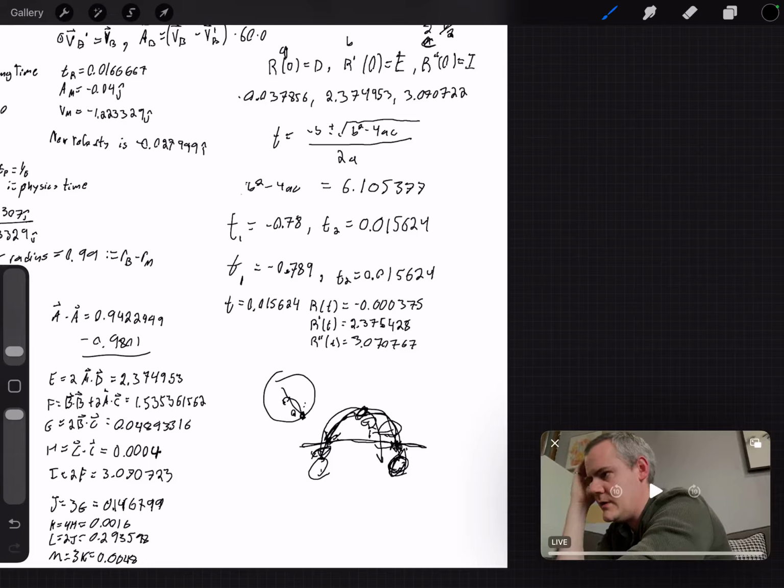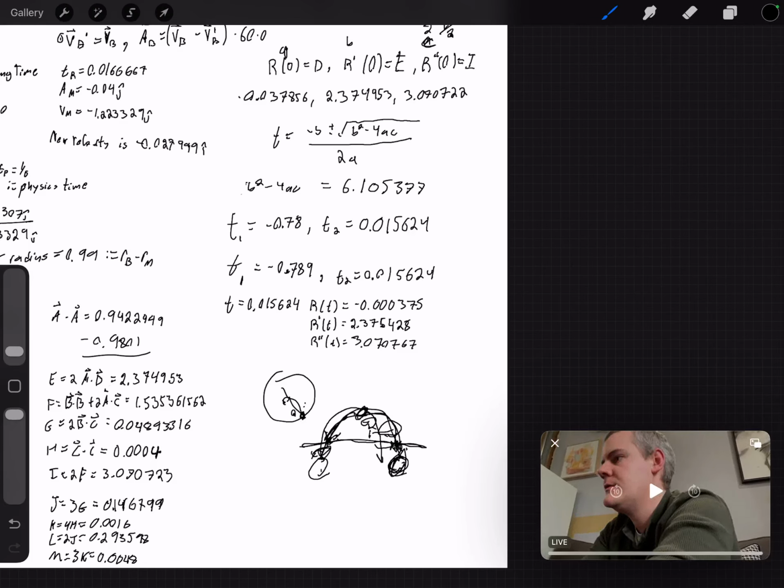Distance, speed, acceleration, I find T1 and T2. Interesting. Okay. So, wait, T2 is negative 0.0. It would be interesting if that's not less than 0, which could be true. That might be it.